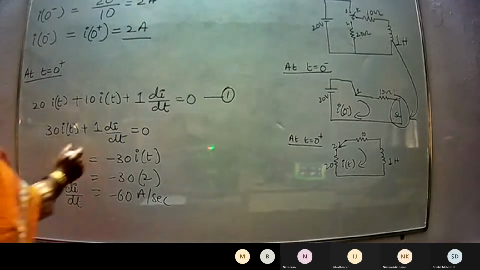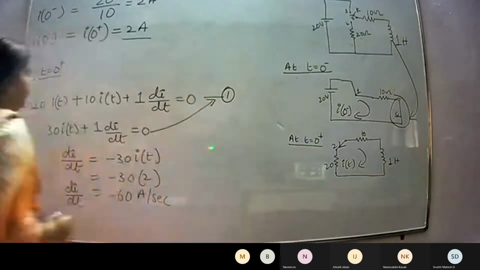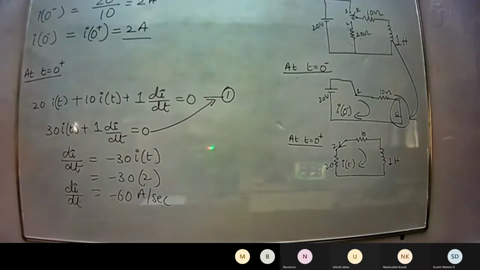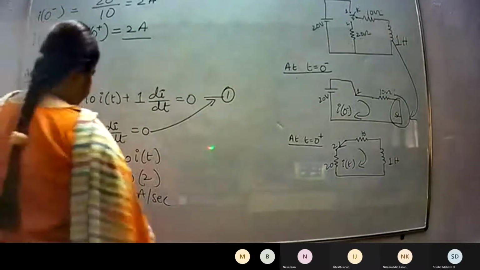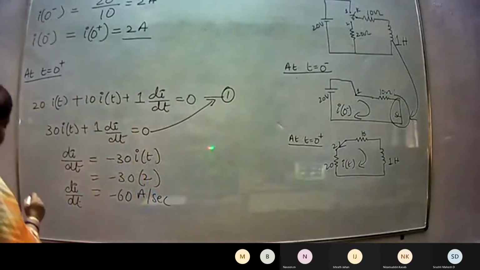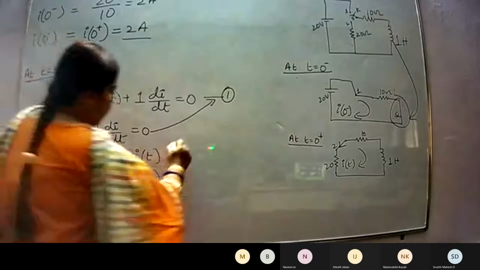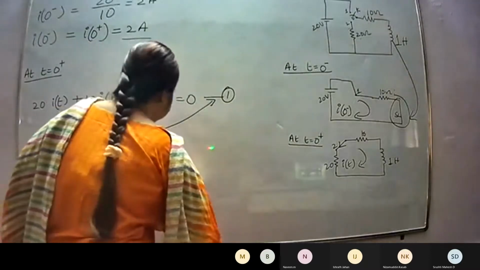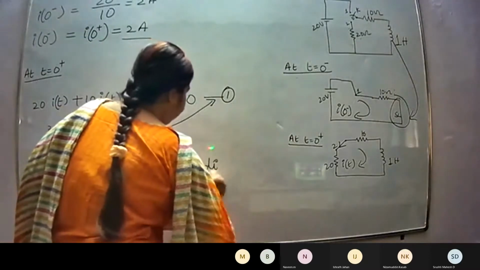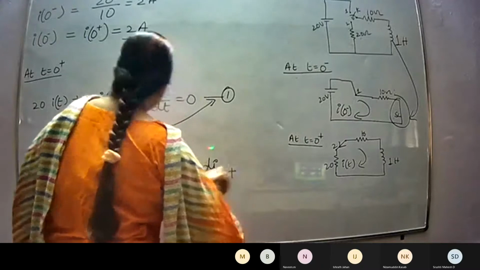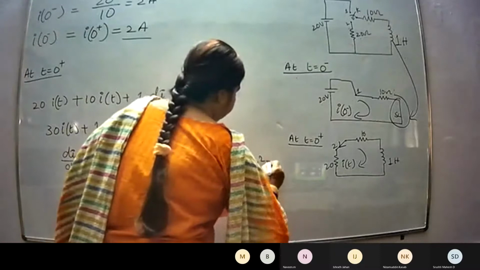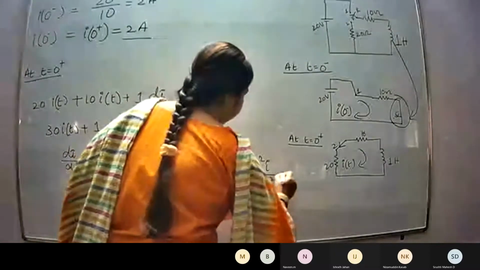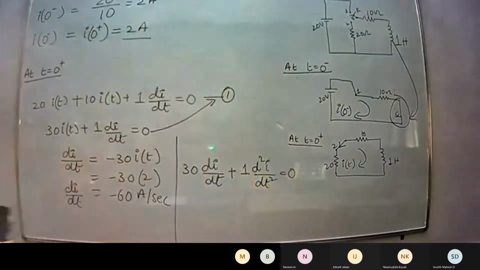So differentiating equation 1, what will you get? 30 into di by dt plus 1, it is inductance, so 1 into d square I by dt square is equal to 0.